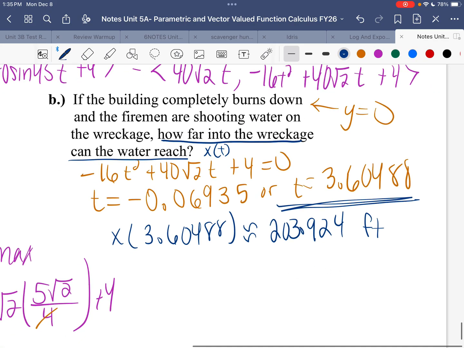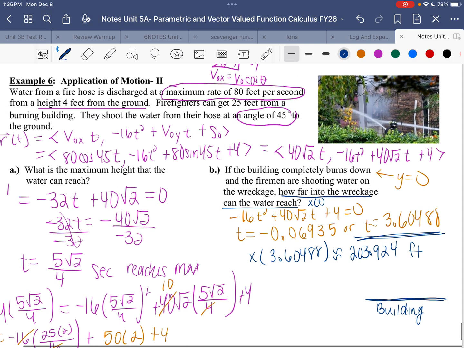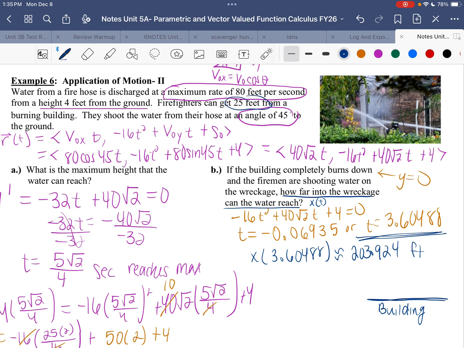So it's saying we're shooting 25 feet, but remember, here's the building, and it says a firefighter can get 25 feet from the building.